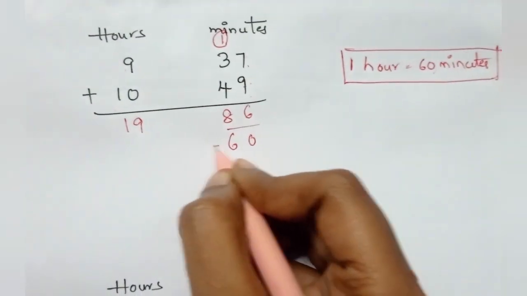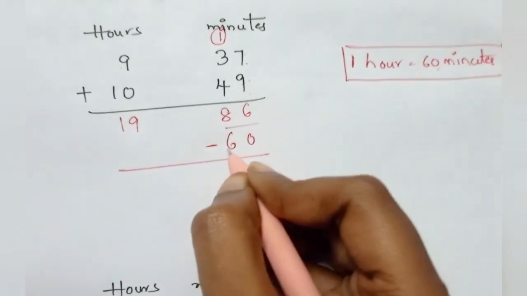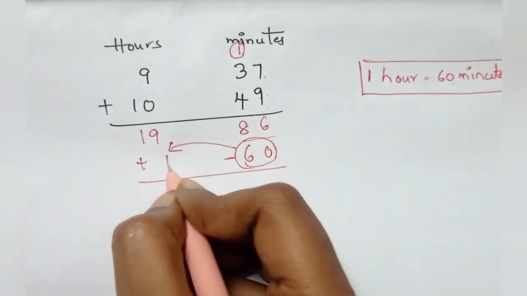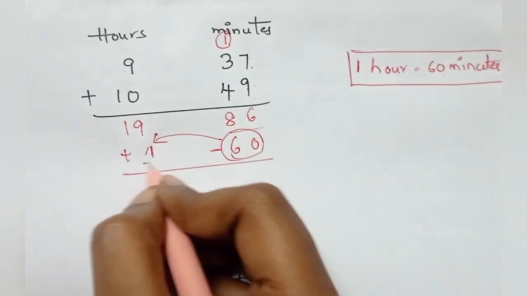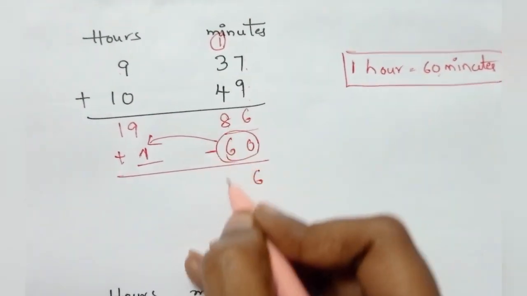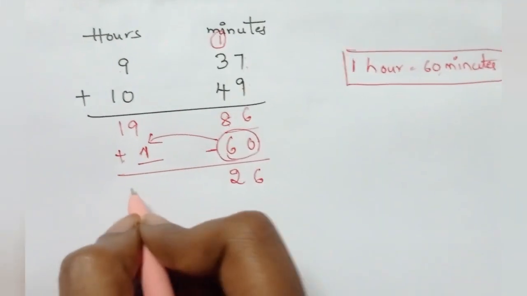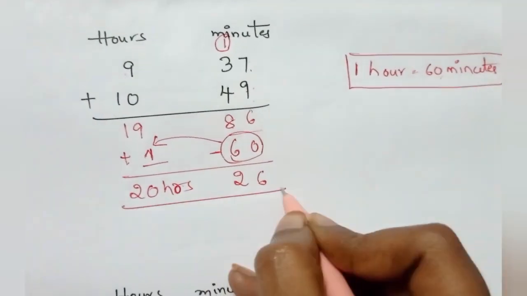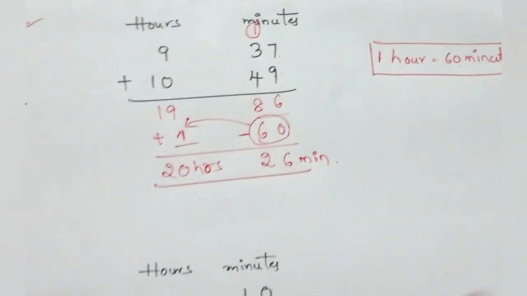So here we'll subtract 60, and this 60 we'll add as 1 hour here. So 6 minus 0 is 6, 8 minus 6 is 2, and 19 plus 1 is 20 hours. So the time here is 20 hours 26 minutes.